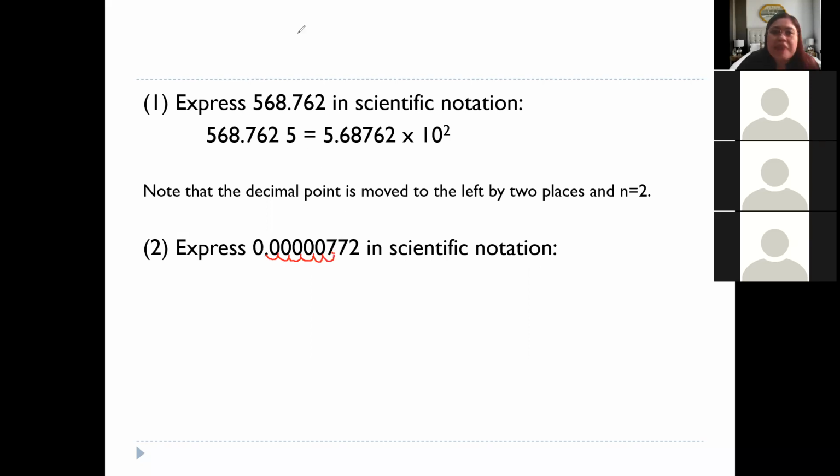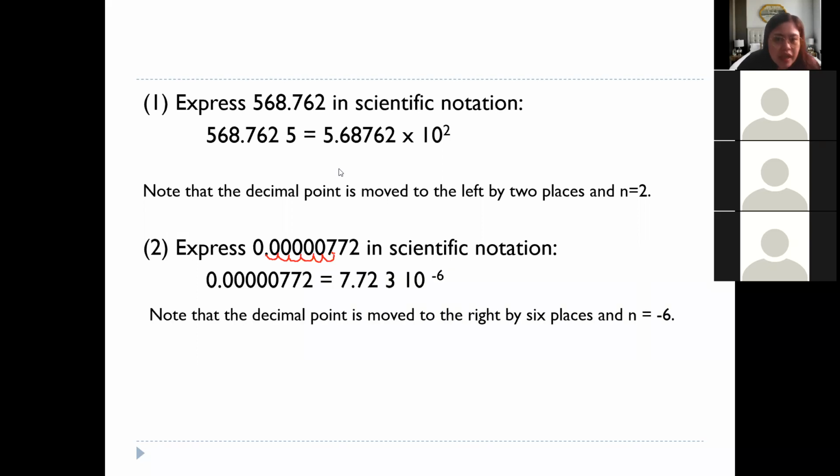So this will be 7.72 times 10 raised to the power of negative 6. We move the decimal point 6 times, and since we are moving to the right, the exponent should be in negative form.